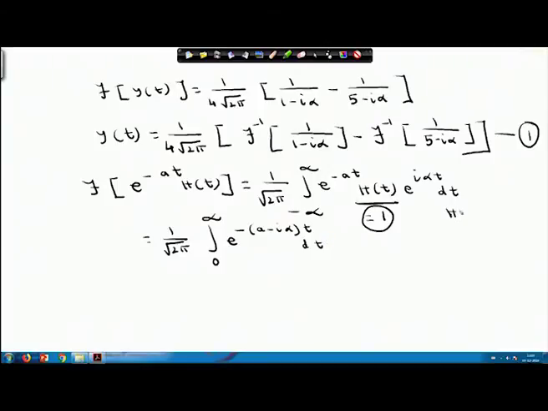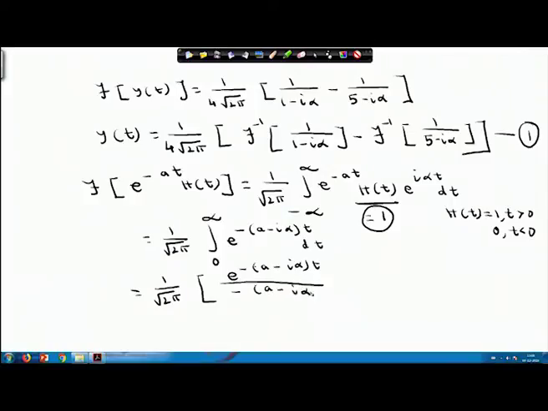Please note, again I am repeating, h(t) equals 1 for t greater than 0 and it is 0 for t less than 0. Once you have obtained this, I can evaluate the integral: 1 by root 2π times e^(-(a - iα)t) divided by (-(a - iα)), with the limit from 0 to infinity.